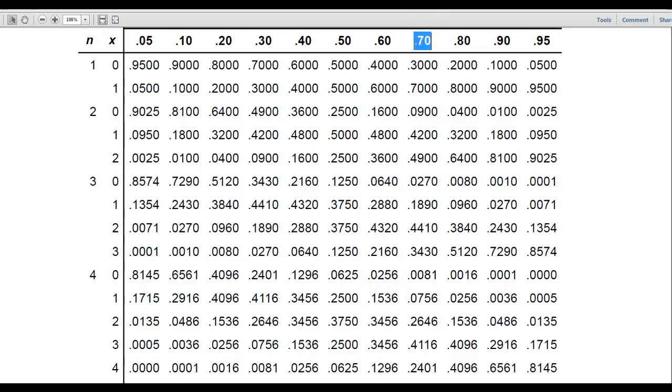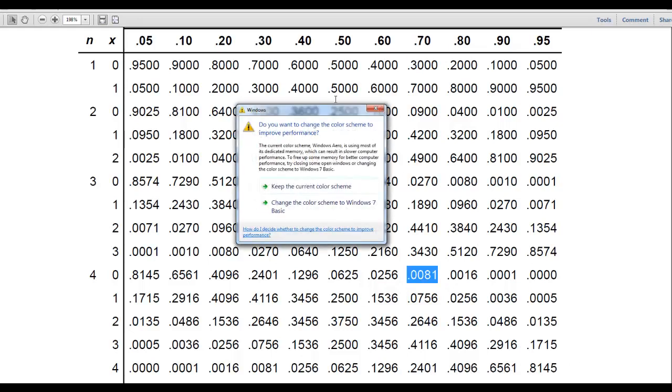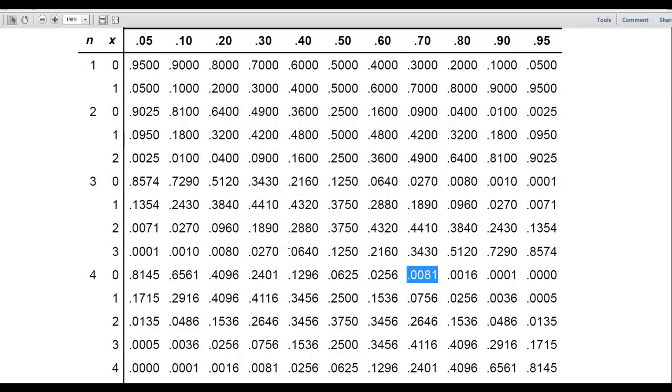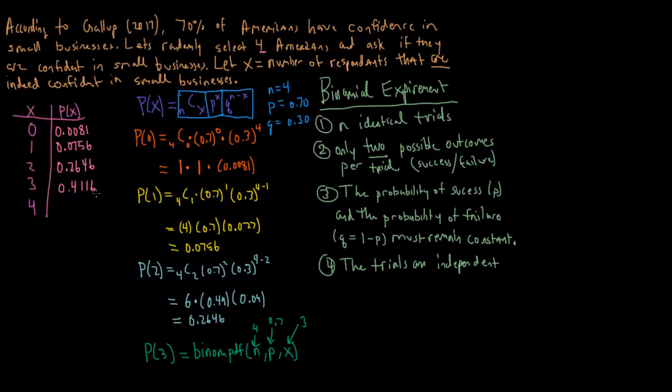Now we're dealing with a probability of success of 0.7. Notice what we have here. This number should look familiar. When P is 0.7, the probability of 0 successes is 0.0081, exactly what we found it to be.